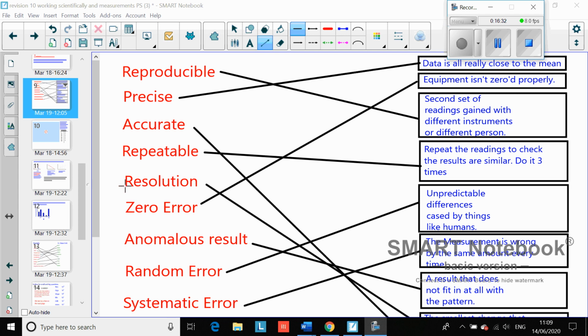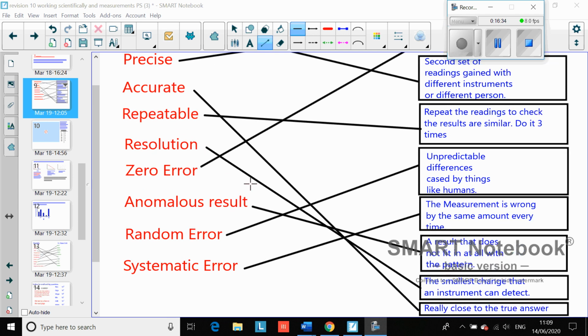Okay, so resolution is the smallest change an instrument can detect. So say for example thermometers. An analog thermometer with the alcohol moving up to show you how much it is can only measure to the nearest degree. Okay, but a digital thermometer can measure to every 10th of a degree.